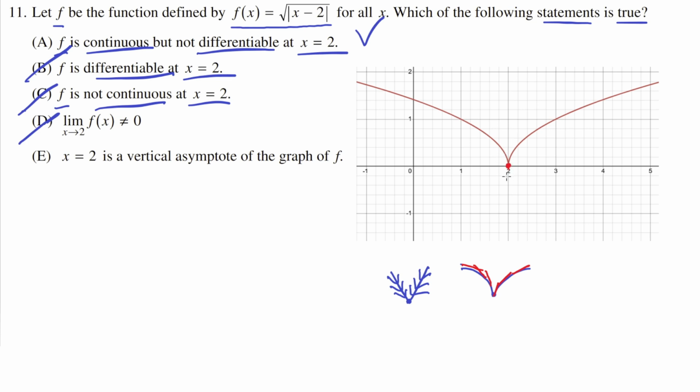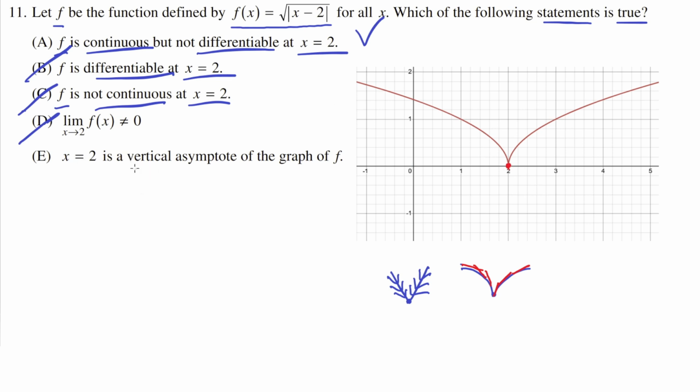The function at x equals 2 would be discontinuous if there was a jump, say a hole in this graph, like if this part didn't exist, and instead there was a completely other graph like this, meaning the left hand limit would approach a y value of 0, but the right hand limit would approach a different y value. But in this graph, we see that the left and right hand side both approach a y value of 0, since they're going towards the x-axis.